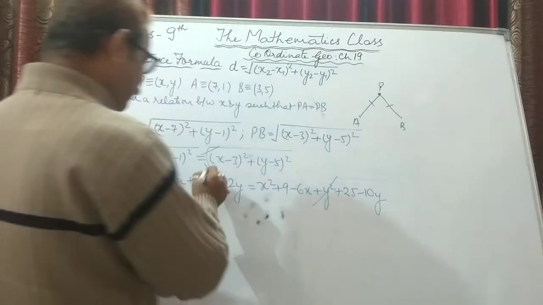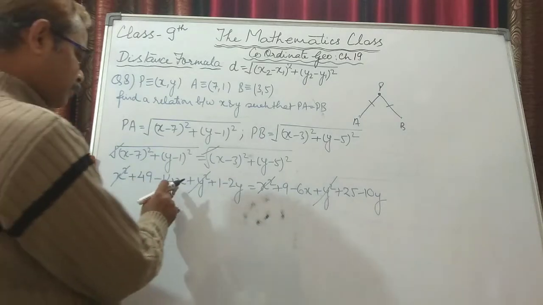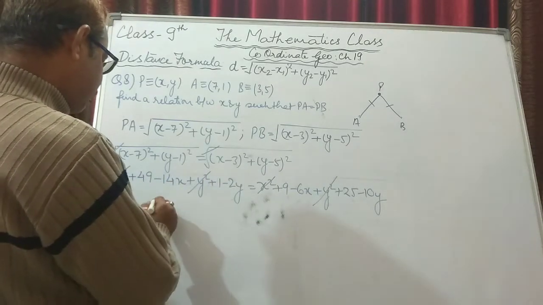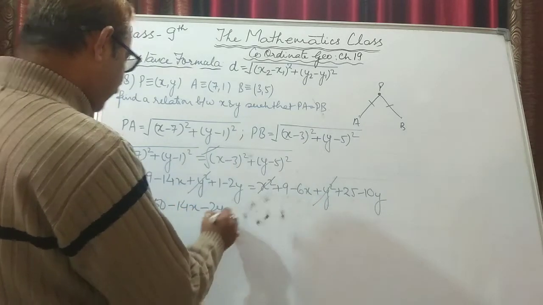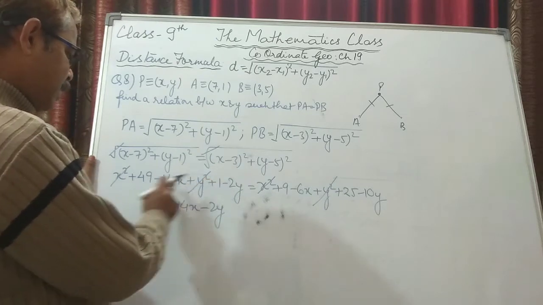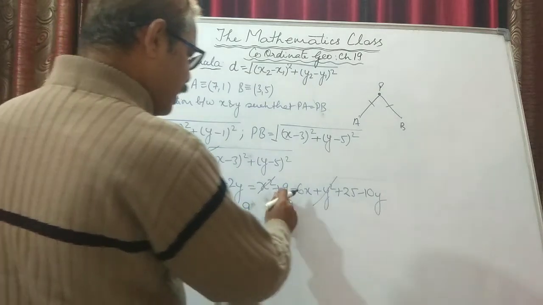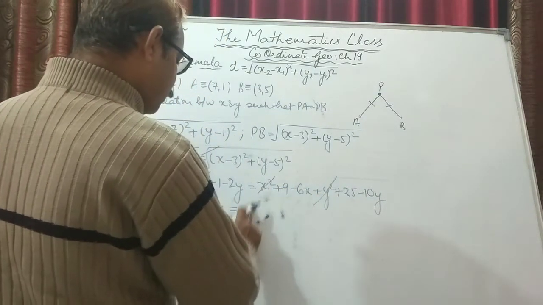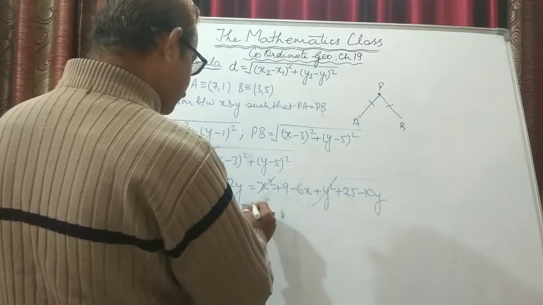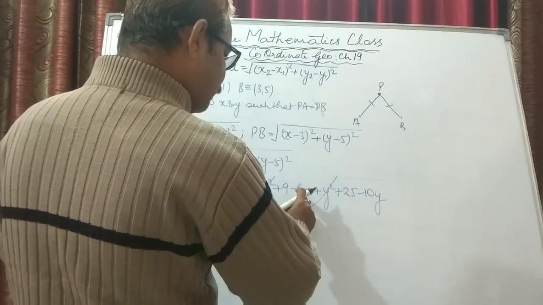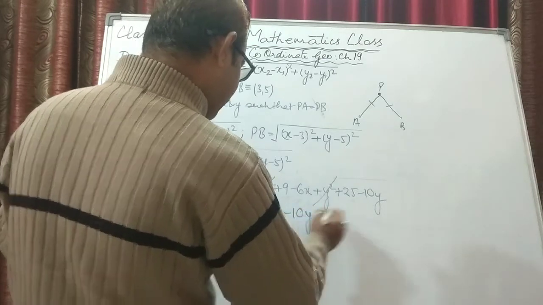So this y square and y square cancel, this x square and this x square cancel. Now we have 49 plus 1 is 50, minus 14x minus 2y, is equal to 9 and 25 is 34, so positive 34, and then minus 6x and minus 10y.